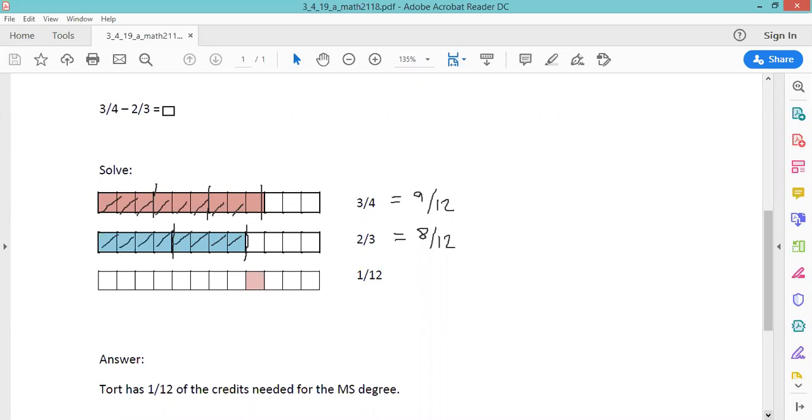If we wanted to compare this with the standard algorithm, we would write 3/4 minus 2/3.